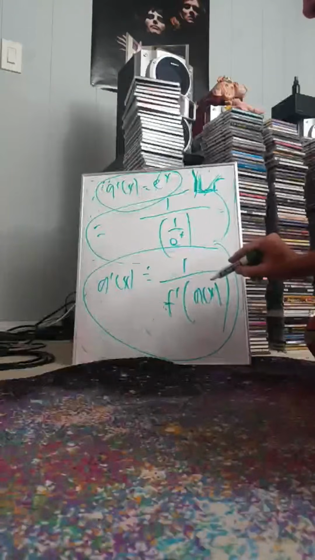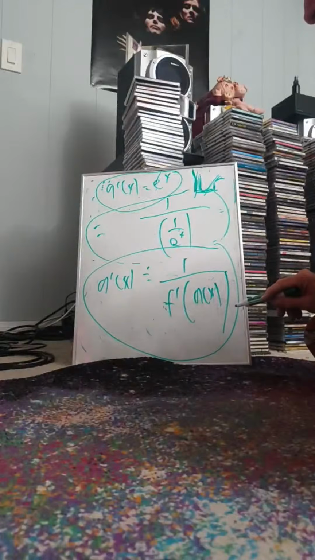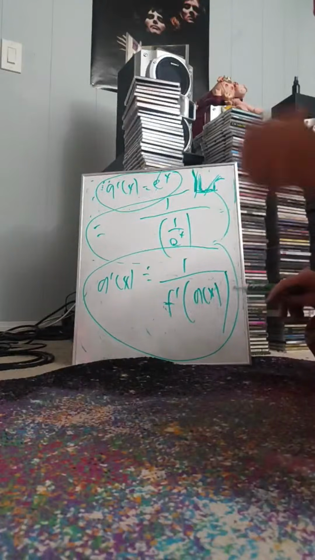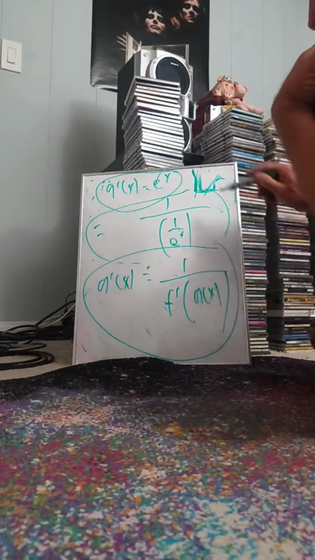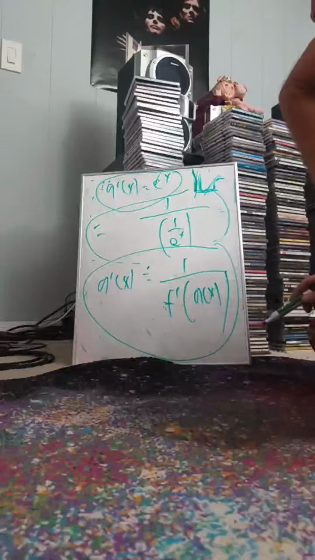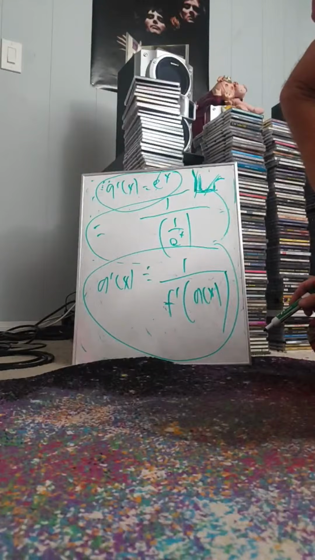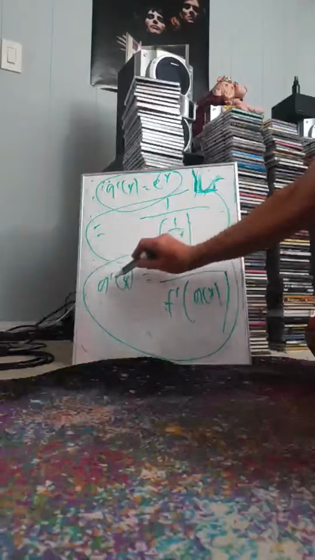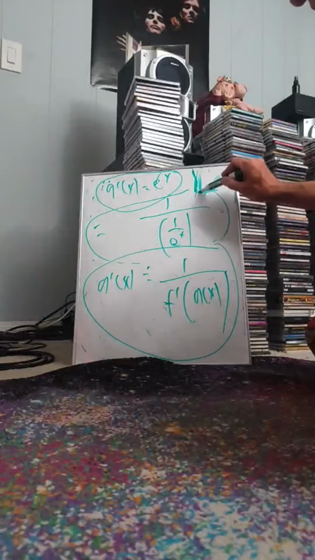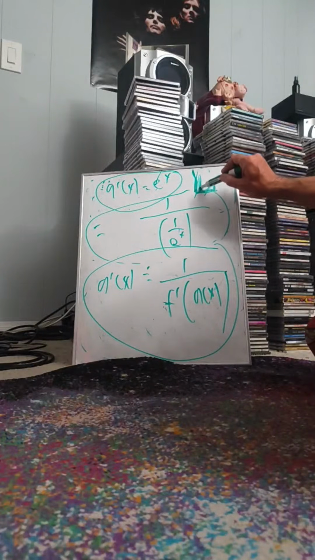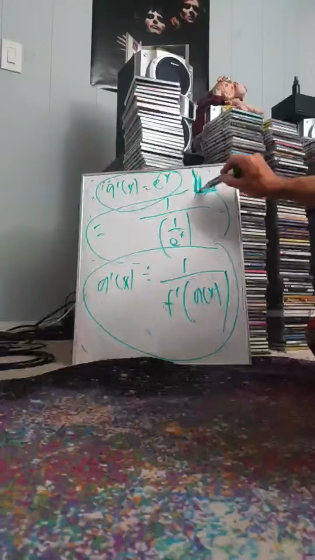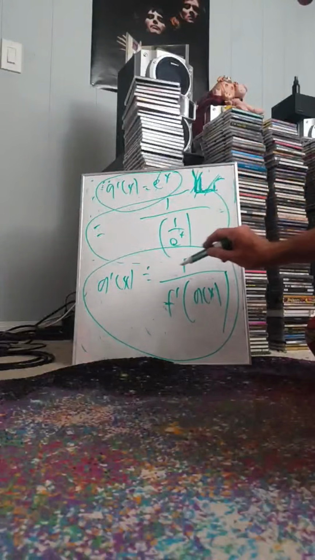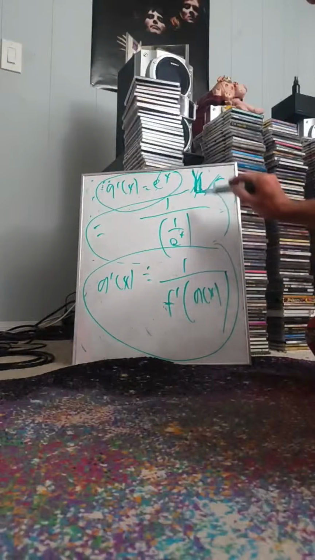That g of x, because this is g prime of x. So this g prime is a g prime of a little x here, and then that g prime is up here. That's this slope, inverted, that's f prime of g. Yeah, I got it.